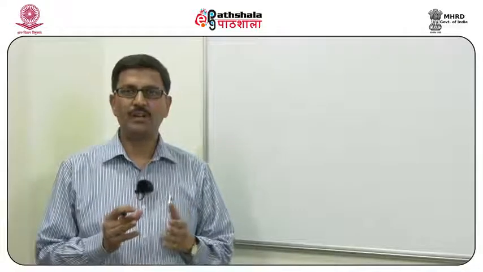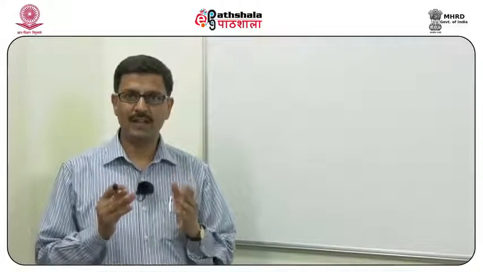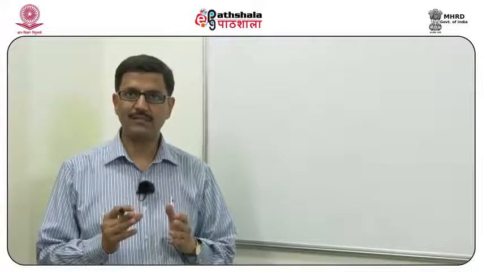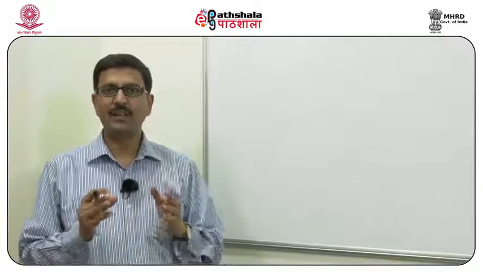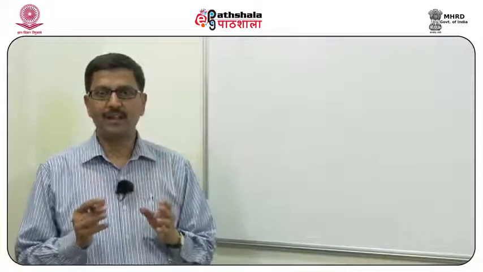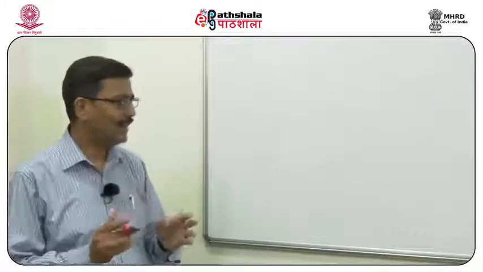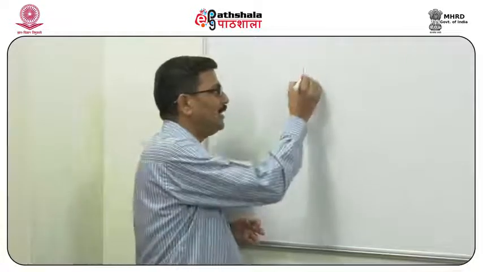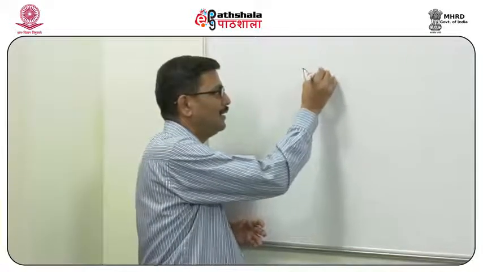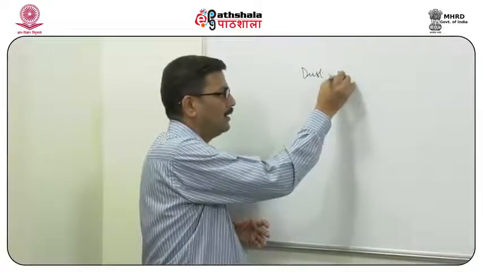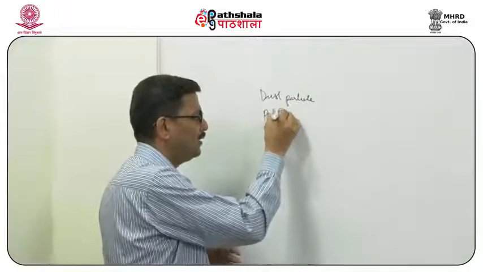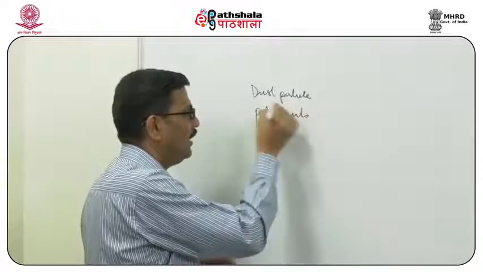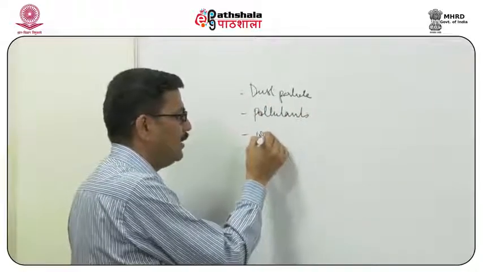We are talking about the sun's energy interaction with the earth's surface features and the atmosphere. Before reaching the surface of the earth, it interacts with the atmosphere. In the atmosphere, as I said before, there are dust particles, then pollutants, as well as water vapor.